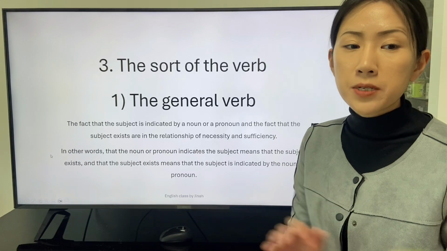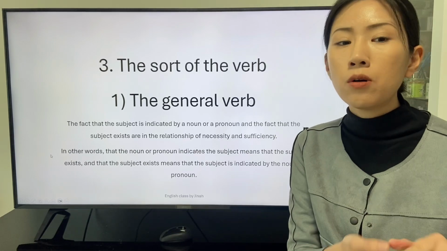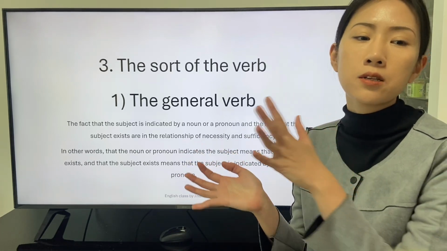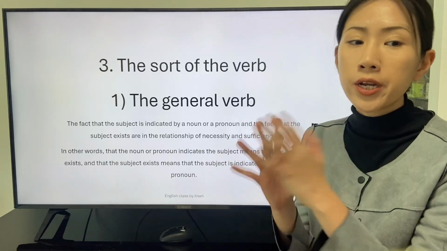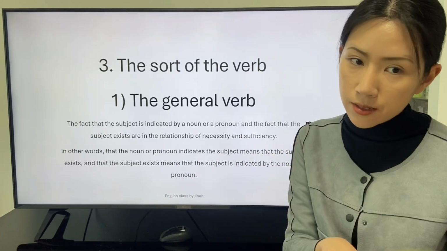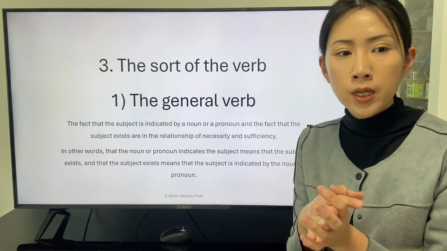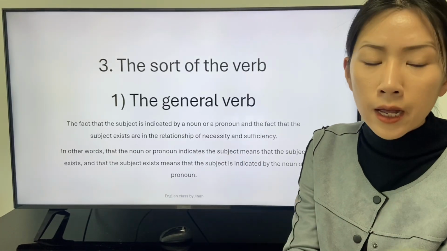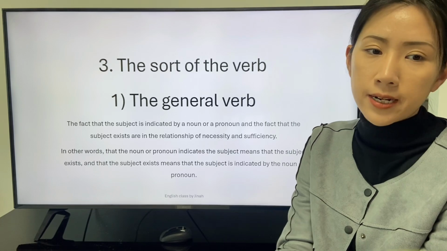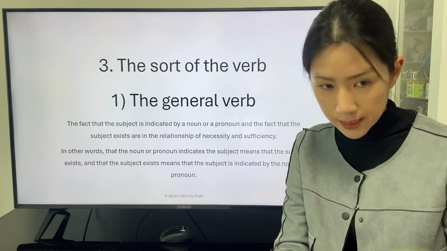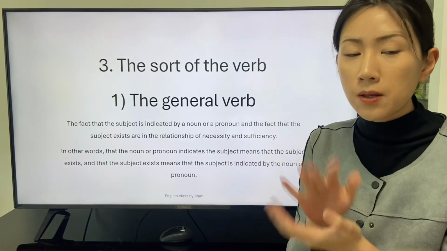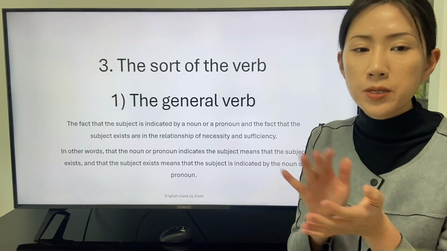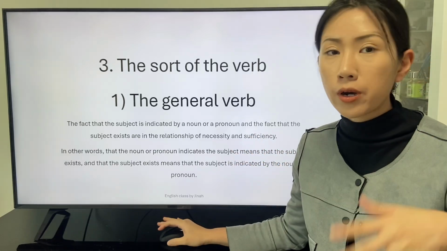The fact that the subject is indicated by a noun or a pronoun, and the fact that the subject exists are in the relationship of necessity and sufficiency. In other words, that the noun or pronoun indicates a subject means that the subject exists, and that the subject exists means that the subject is indicated by the noun or pronoun.